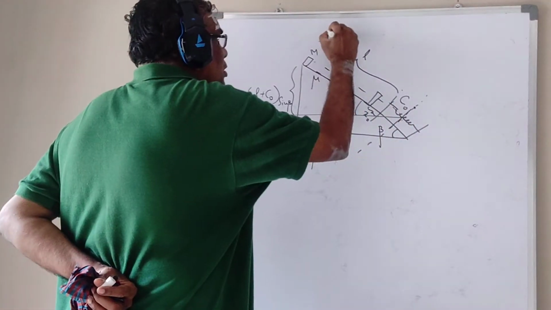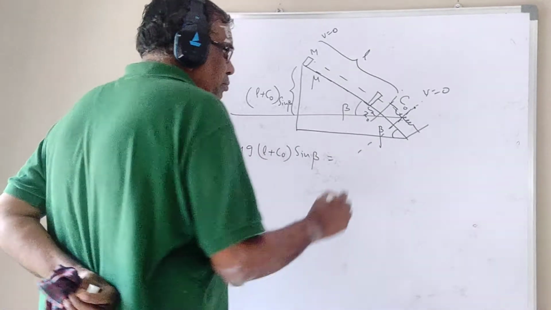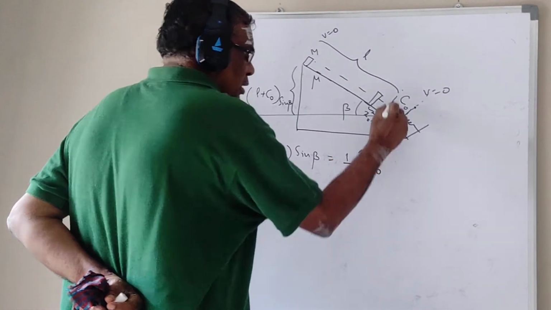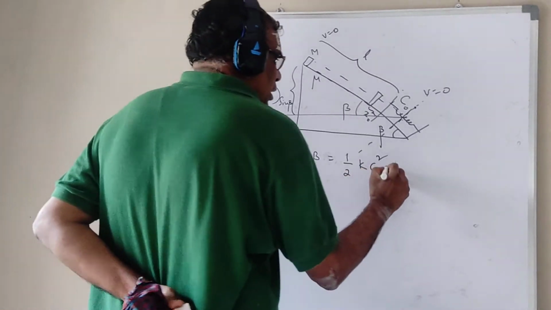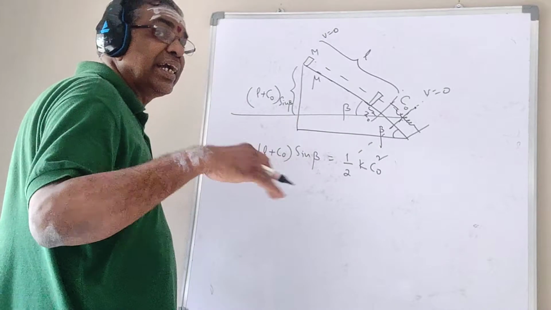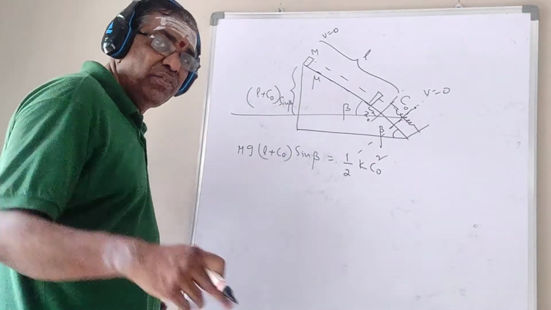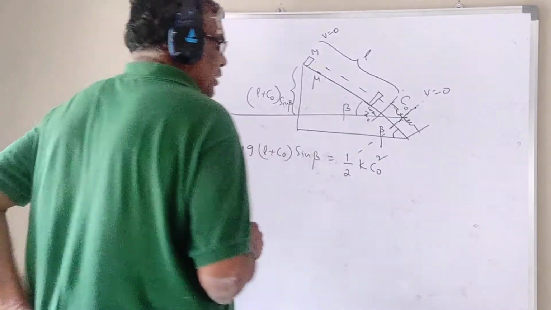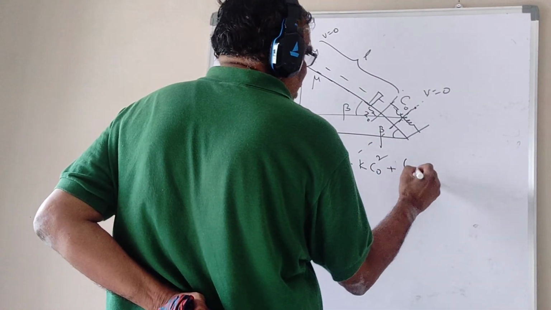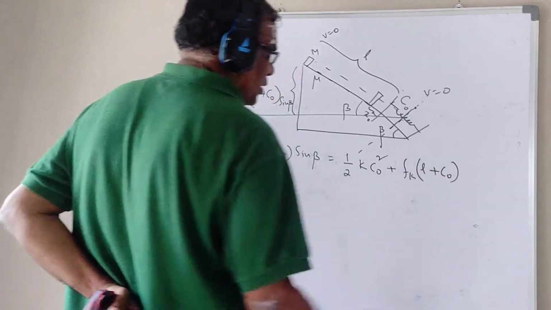Partly here velocity is 0, so no kinetic energy. It is stored in this, and the rest is used to do work against friction. Against means positive. By friction in this case is negative. So I have plus Fk into L plus C naught.